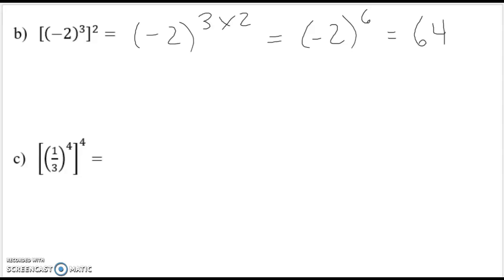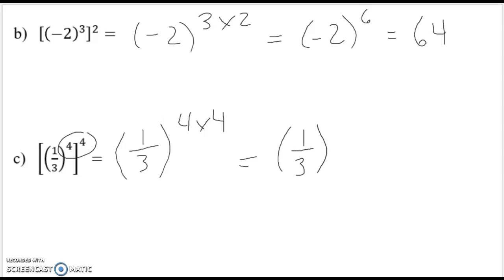And next one here, we have 1/3 as our base. Okay, and then we have an exponent of an exponent, which means multiply, so that's 4 times 4. So it can be written as 1/3 to the exponent 16. And then in your calculators, 1 to the exponent 16, 1 times 1 times 1 times 1, 16 times, just gives you 1.